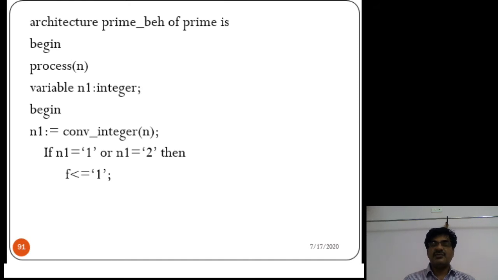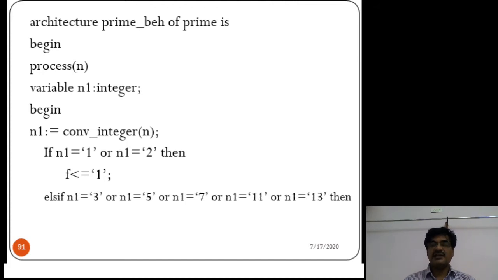Suppose this condition fails, let us check another condition, that is elsif: if n1 = 3 or n1 = 5 or n1 = 7 or n1 = 11 or n1 = 13, then also the output is a prime. Either this condition or this condition.